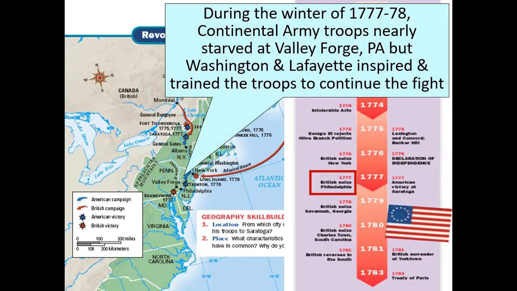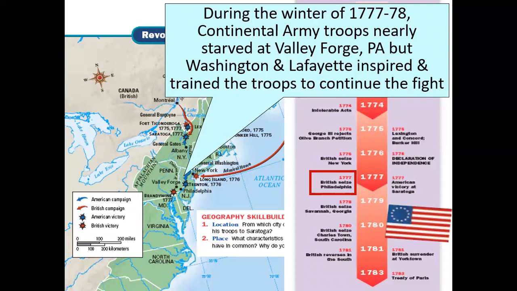Now, while they are freezing, don't have enough clothing, and are out of food, they continue to hunker down and they train and drill. A lot of guys are going to starve and freeze to death, but the army that leaves Valley Forge is hardened, well trained, and ready for a fight.